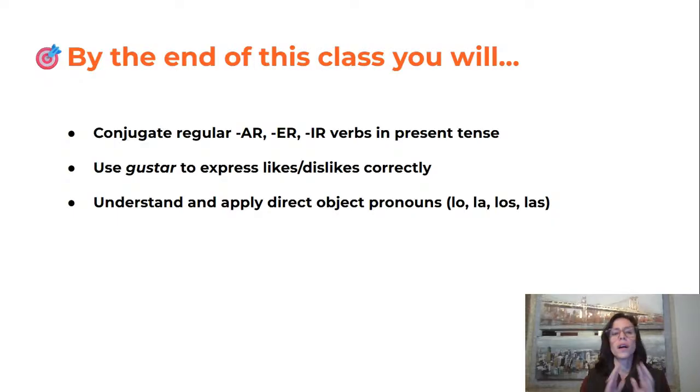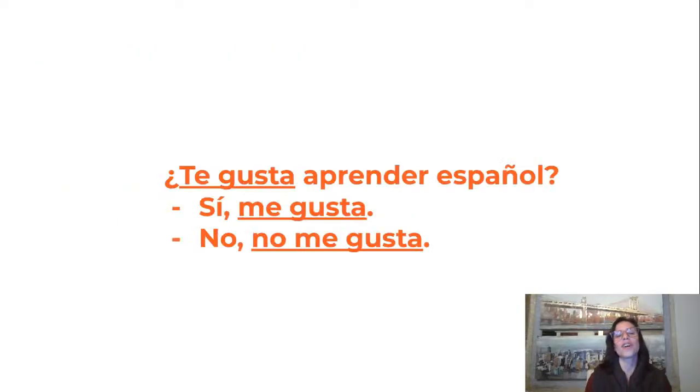So the goals for this lesson are focusing on the verb gustar as an AR regular verb, understanding how it will be conjugated, and also understanding how to apply the direct object pronouns when using the verb gustar. And no more confusions, okay? So after this class, you will have a clearer landscape about how to use gustar.